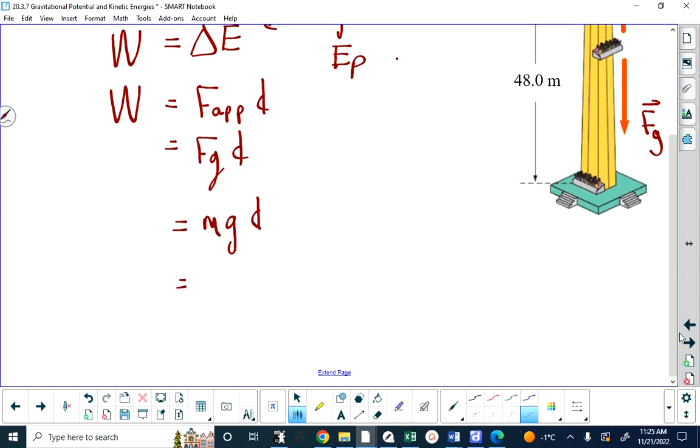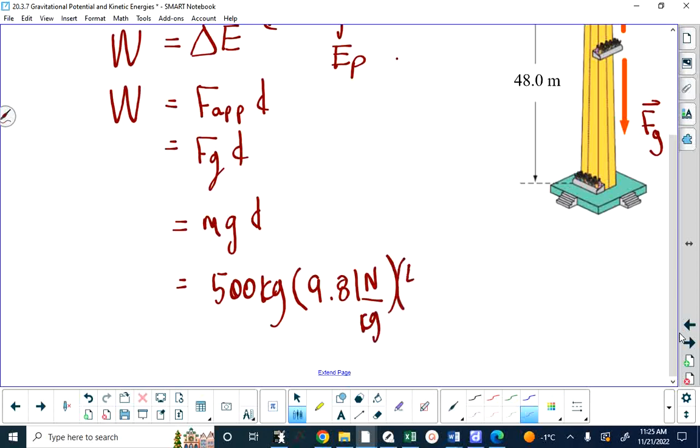So we take the mass, 500 kilograms, times g, which is 9.81 newtons per kilogram, times d, which was 48 meters. And we're going to get the potential energy because the work done is the change in energy.